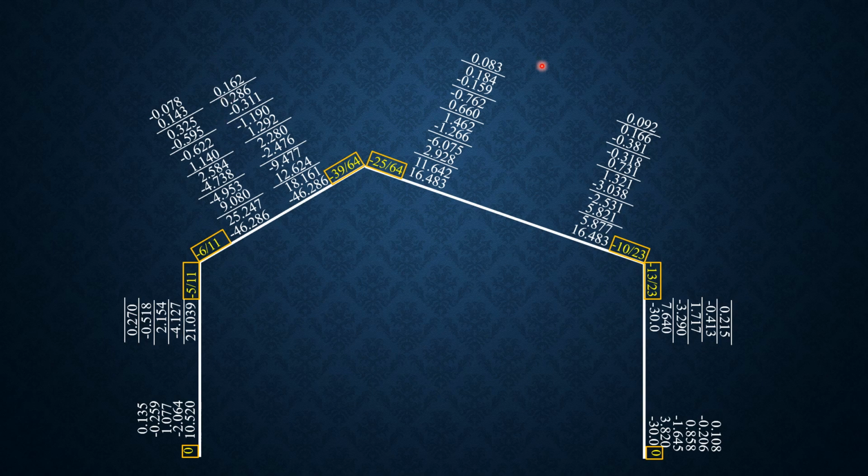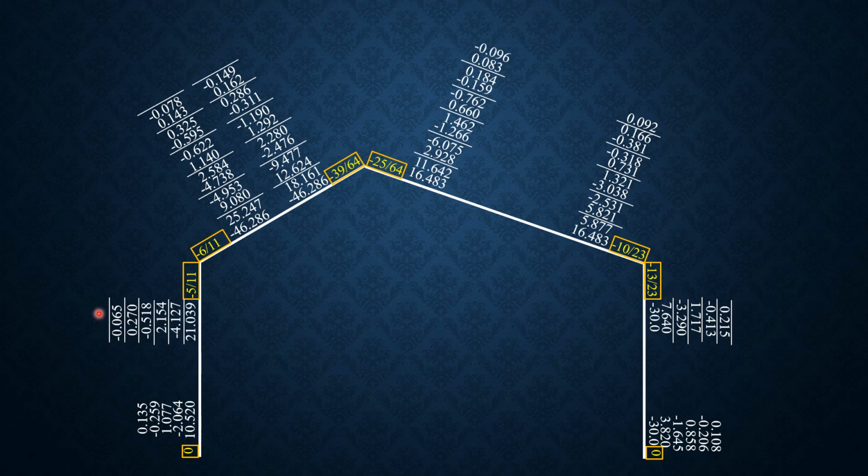Quantity 0.162 plus 0.083 times negative 39 over 64, negative 0.149 lakh. Same quantity times negative 25 over 64, negative 0.096 lakh. 0.092 times negative 10 over 23, negative 0.04 lakh. 0.092 times negative 13 over 23, negative 0.052 lakh.